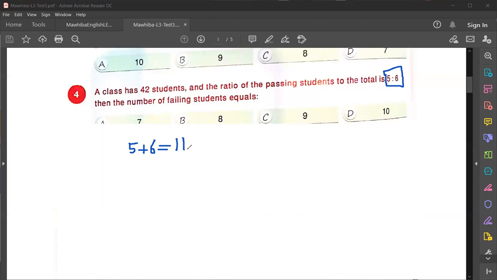Then the total is 11 bars. So a class has 42 and the ratio of the passing students to the total is 5/6. Oh, sorry.